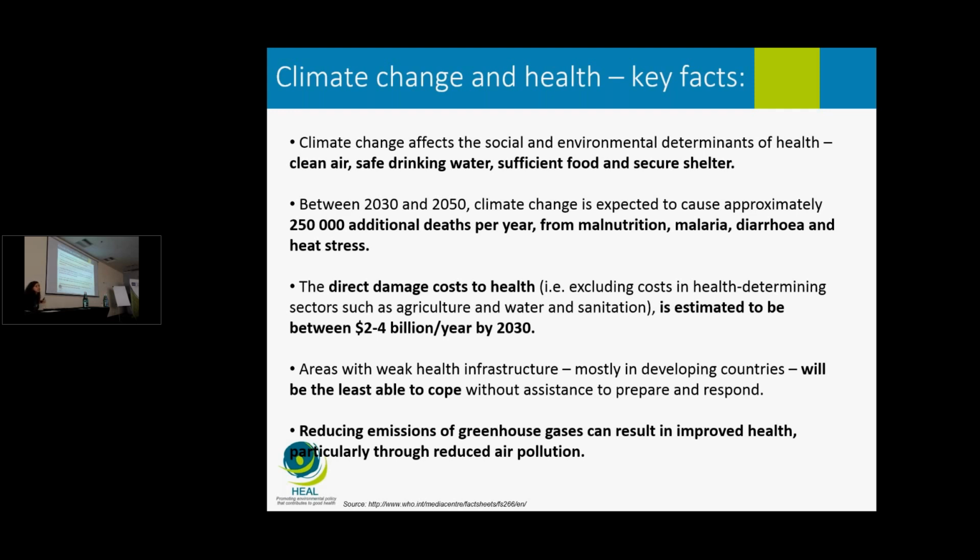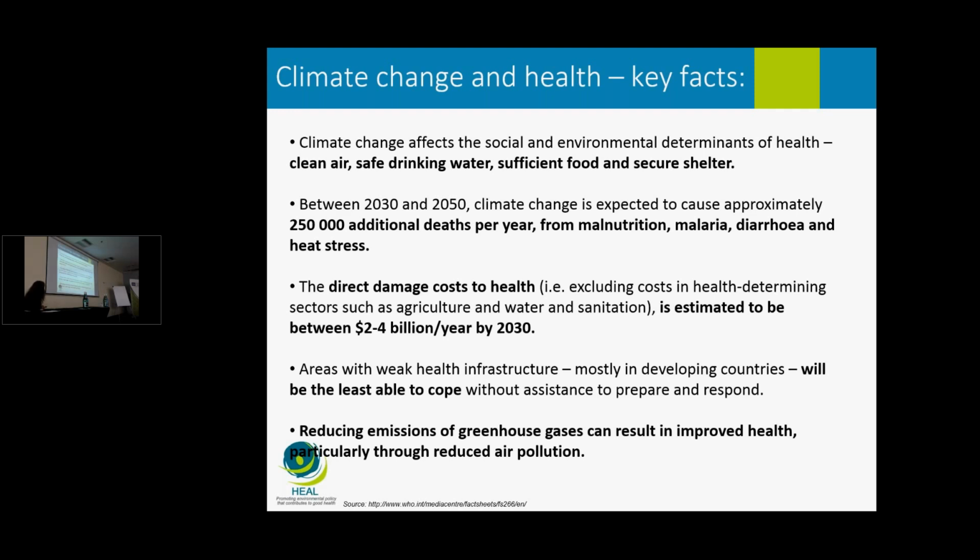It is estimated that between 2030 and 2050, climate change is expected to cause 250,000 additional deaths per year from malnutrition, malaria, diarrhea, heat stress, and infectious diseases, for example. So it's not a direct impact, but it's also visible, and it increases mortality and impacts public health in the world.